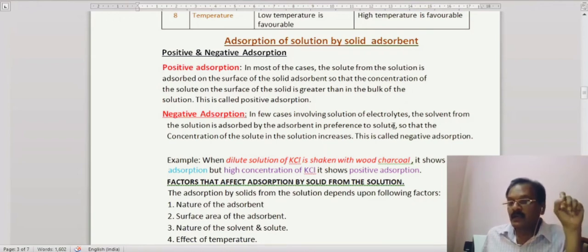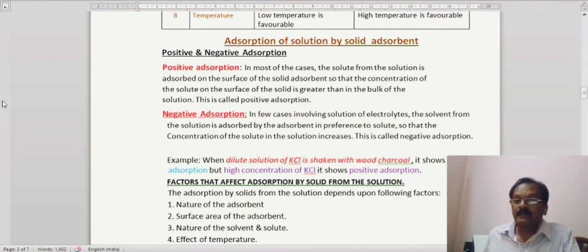When the solvent is adsorbed, the concentration of the solution increases because the concentration of solvent decreases whereas the concentration of solute increases. So the adsorption of a solvent from the solution by the solid adsorbent is called negative adsorption.